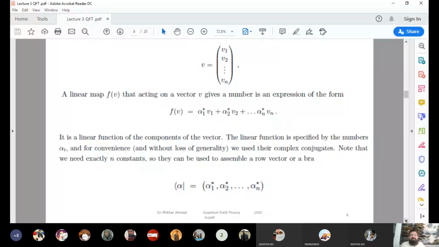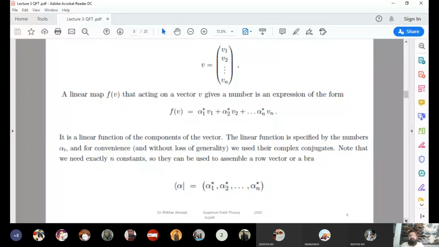A linear mapping f of v means f is a mapping on vector v that acts on a vector v and gives a number in an expression of the form: f of v is equal to alpha1 star v1, alpha2 star v2, up to alphan star vn. What are alpha1, alpha2, up to alphan star?